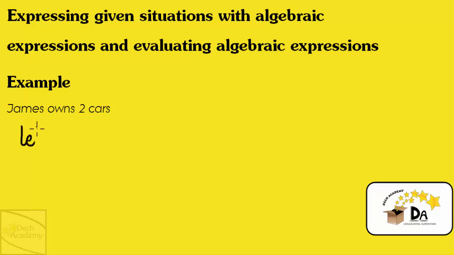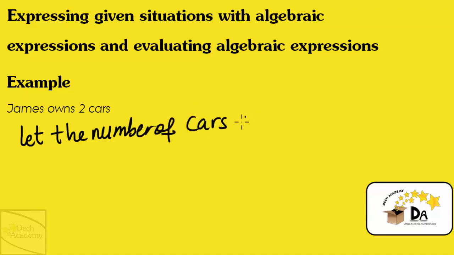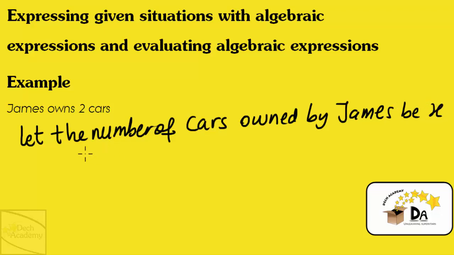So let the number of cars owned by James be x. If this is true, then this sentence can be summarized as follows: x equals 2.